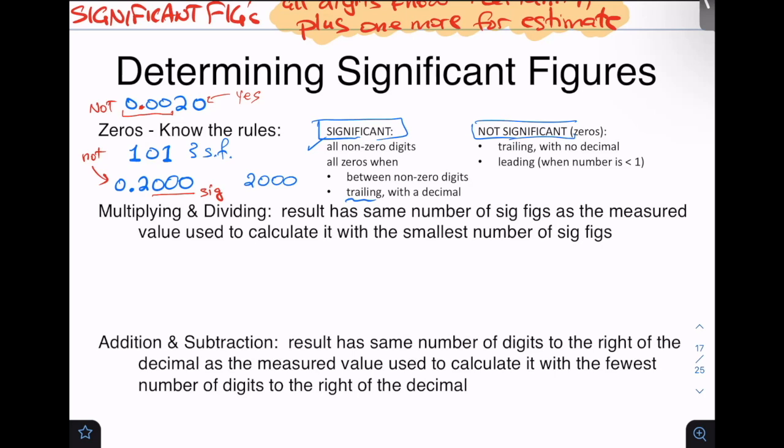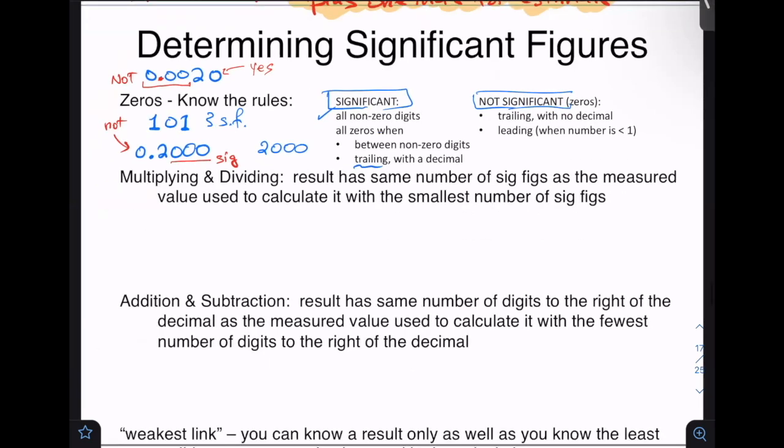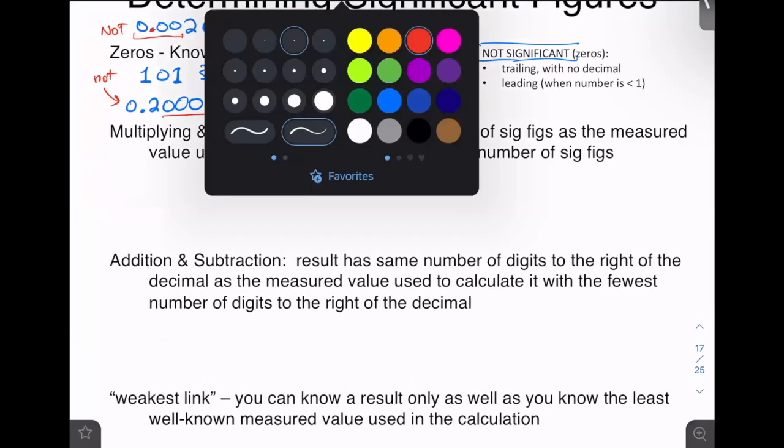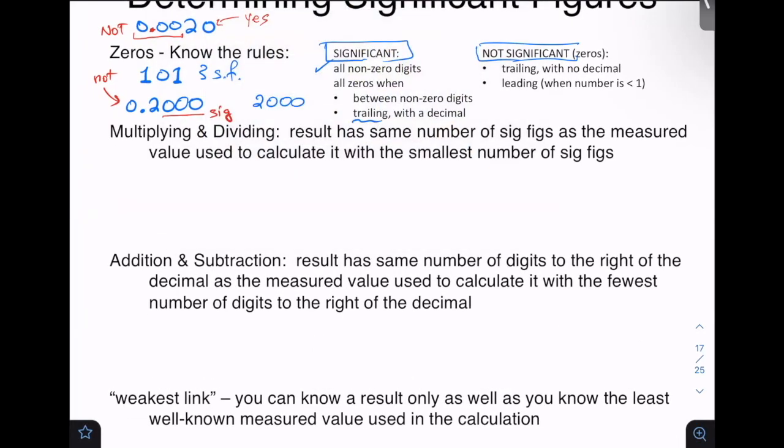Then you just need to know the rules for multiplying and dividing, as well as for addition and subtraction. And these rules are pretty simple. I'll just tell them to you. They're written for you up here on the slide. When you're multiplying or dividing, which frankly is the same thing, you simply keep track of the fewest number of significant figures that there are in any given number.